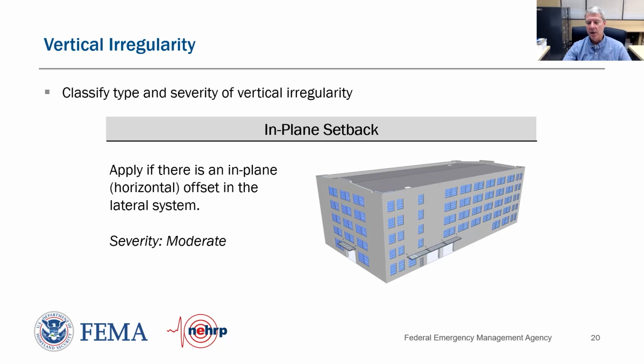So it has to travel over laterally in plane to that shear wall and then down to the foundation level. That introduces a discontinuity in our load path, and if it hasn't been designed for that, it could be detrimental to the performance of the building. So we identify it. If we have this condition, in-plane setback, it's a moderate vertical irregularity, and we flag it.